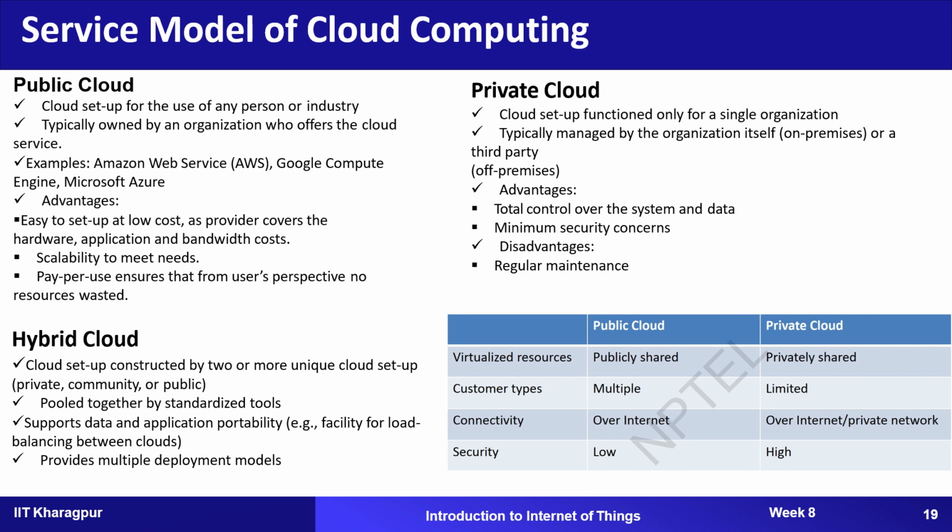The advantage of private cloud is total control over the system and data, because only a single party is going to manage this. Security concerns are less, because in case of your public cloud, anyone can access the data or the services, right? However, in case of your private cloud, the access is given to some members only who have authorization, right? So security concerns are less.